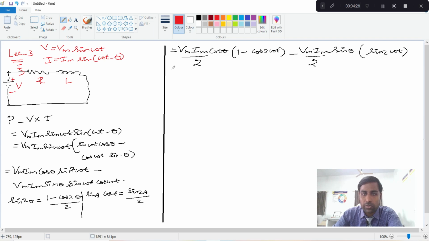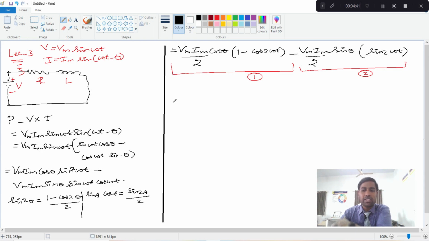This is my first expression and this is my second expression. Now I am going to substitute omega t values. I am going to draw the graph again. In that graph, we split in the last class at 0 degree, 45 degree, 90 degree, like that.